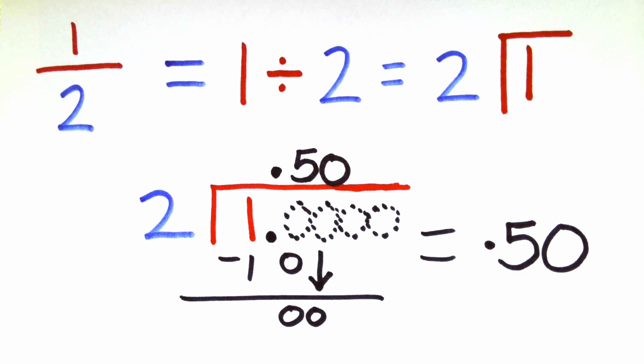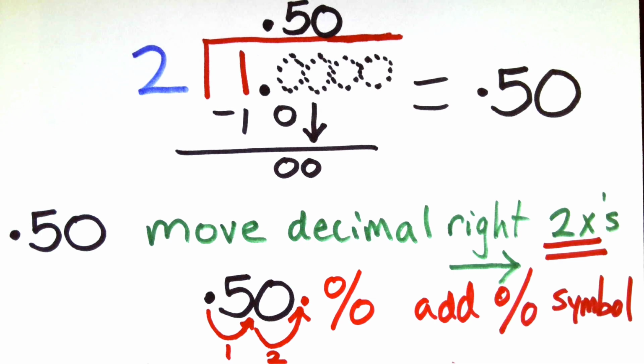Let's keep moving on. Okay, to convert a decimal value into a percent, that's what this symbol here means, percent, per 100. And there are many different ways to teach this. I'm going to teach it as simply as I possibly can. To convert a decimal into a percent, you move the decimal 2 places to the right.